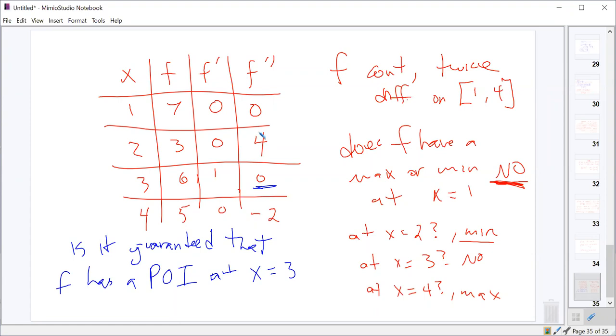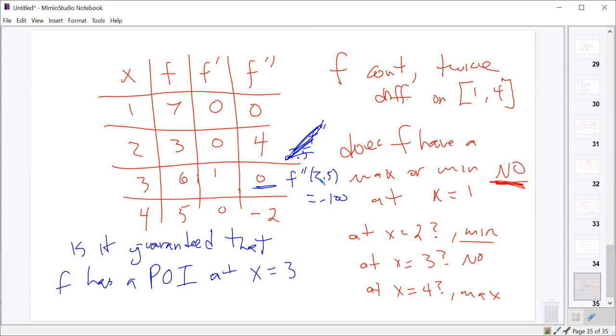Okay, all right, it sure looks like it's changing concavity, but we are not guaranteed that between 2 and 3, it is always concave up. Suppose we had the value at 2.5 of f double prime. Well, let's just try this. F double prime of 2.5 might be -100.